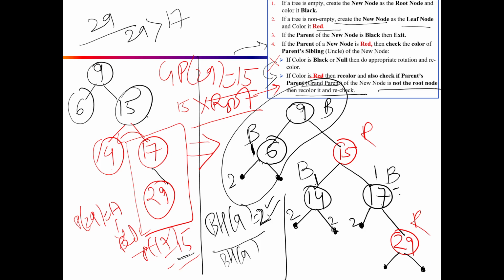Similarly, going down, one black node for 17, another black node for the right leaf node of node 29, and another black node with 17 and another black node towards the left leaf node of node 29. So the black height of node 9 is 2 towards the left subtree and also towards the right subtree.